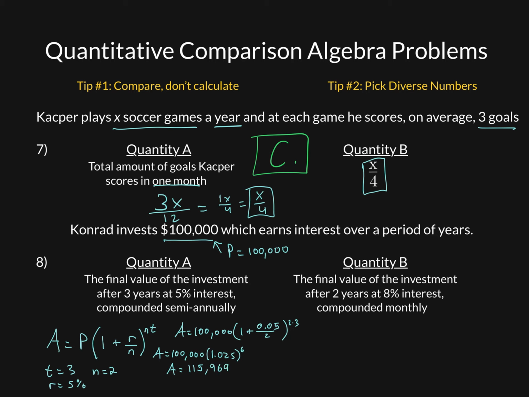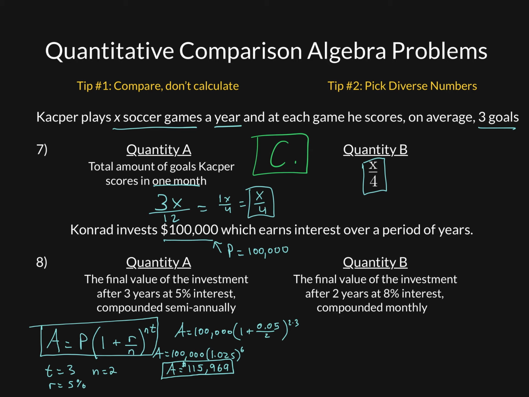So that's the approximation here, that's the value of A. All I did here was take my compound equation, which I'm going to use for quantity B as well, plug in the values, and solve, which gives me the final value of the investment, which is almost $116,000 over the period of 3 years.